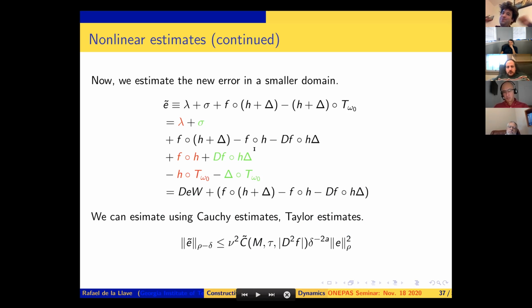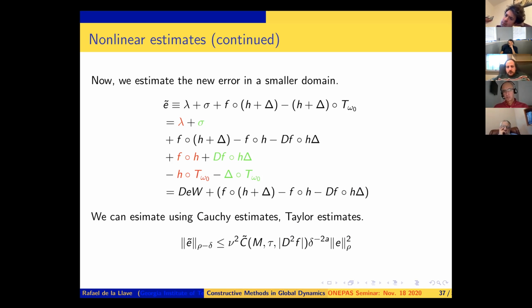And some of the terms are color coded in red. So this is just these things over here, except that I add and subtract several other terms, right? I add this term, but I subtract it, and then I add this term and I subtract it, and the rest are the terms that appear here. So this is just adding and subtracting.